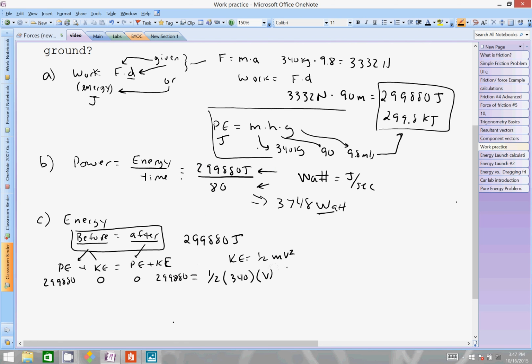Velocity squared, and you just plug away and solve for V. Don't forget to square root your answer. All right, that ends our first problem. Thank you.